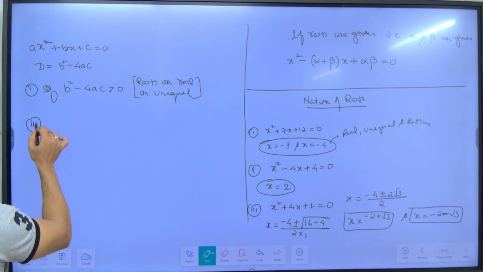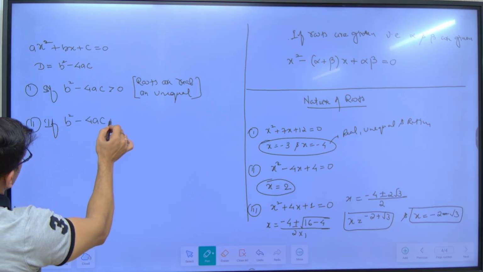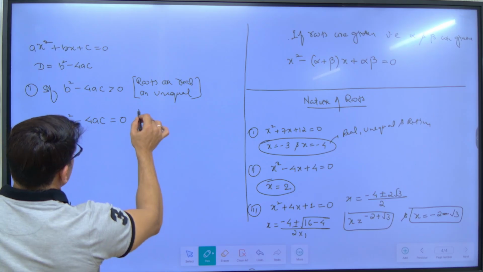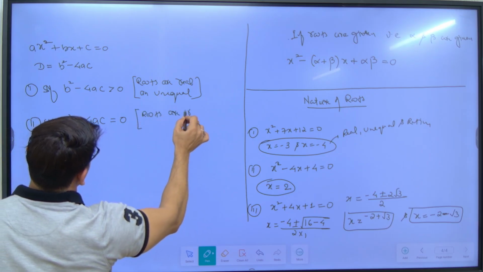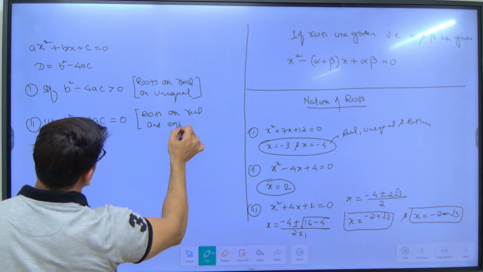Second case is, if the value of b square minus 4ac is equal to 0, in this case, the roots are real and equal, right?